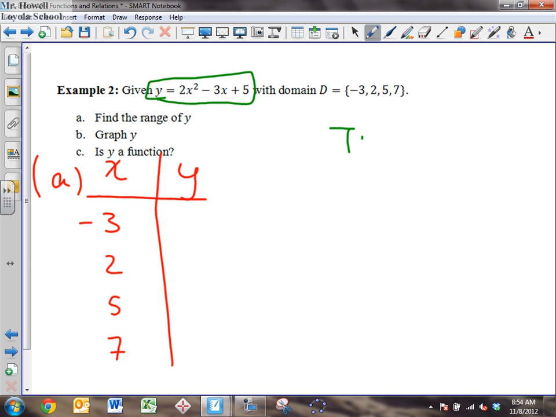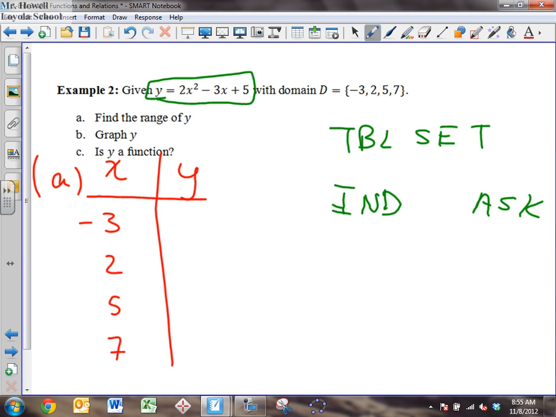Remember, go to your table settings, and under the independent variable, please select the option that says ask and not auto, so that you can ask these four values and you don't have to sit there and scroll through them the whole time. Again, how do you get to table settings? You press second table. Okay, so press second table, make sure your independent variable has ask highlighted.